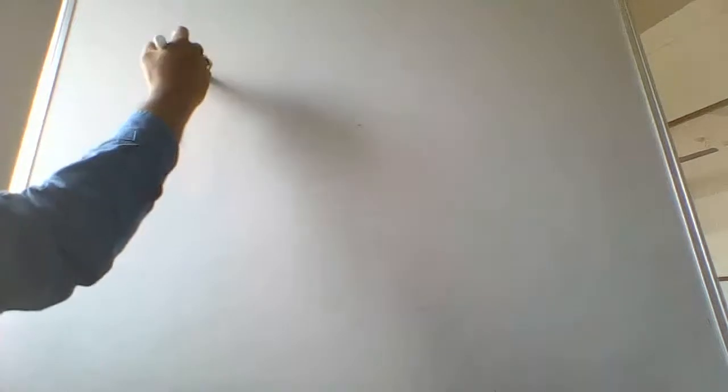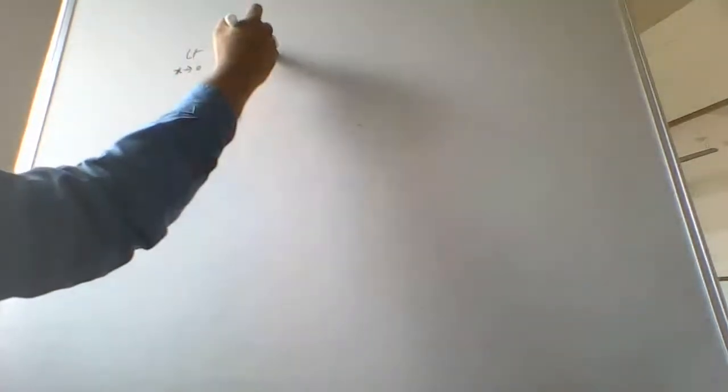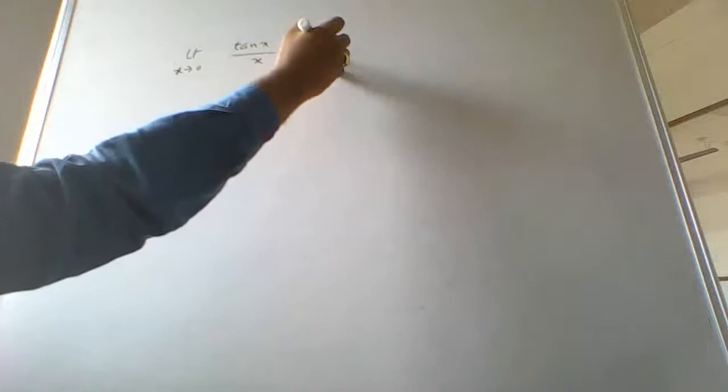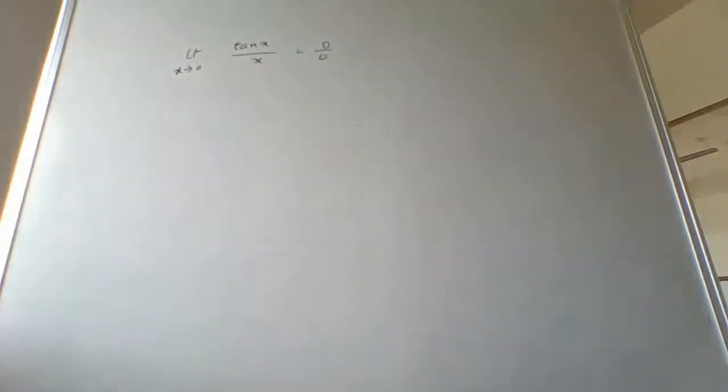Now if I have the limit as x tends to 0 of tan x by x, let us try to solve this. As and when I substitute x equal to 0, I get 0 by 0 again, and hence again it is an indeterminate form.